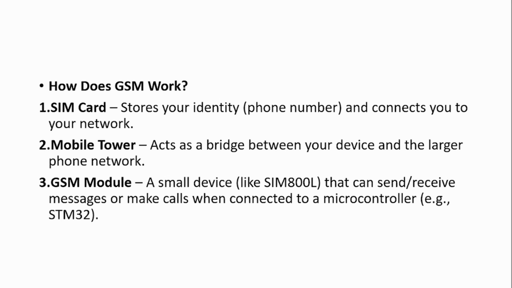A small device like the SIM800 is one type of GSM module, and the SIM900 is also available. These small devices are used to show the concept of GSM. Using this device you can send or receive messages or make calls through the microcontroller, which in our case will be STM32.